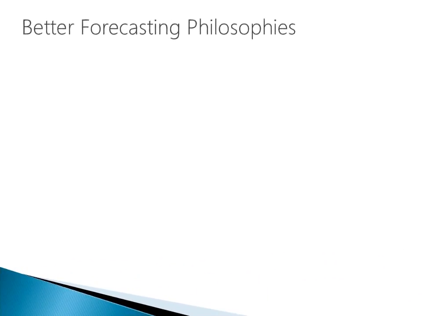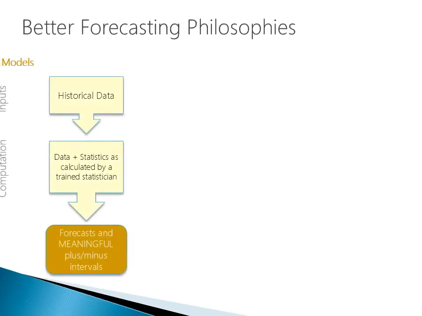There are some examples of better forecasting philosophies that I'd like to get into. One approach would be through the use of statistical models. So we take the historical data, we apply some statistical methodology as calculated by a trained statistician, and we're able to come up with forecasts with meaningful confidence intervals, standard errors, and we can have discussions around that.